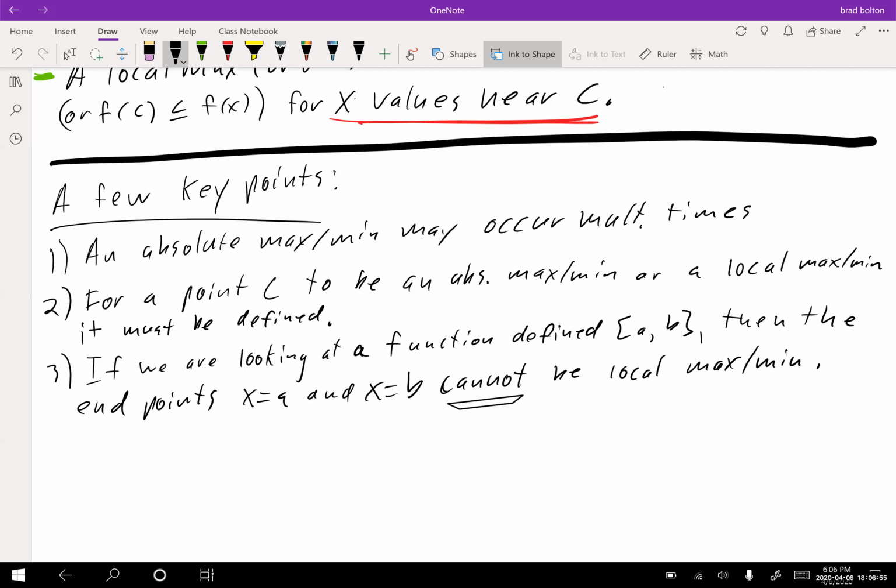Okay, so it's very important you understand that we do not in our class allow endpoints to be local mins or maxes.